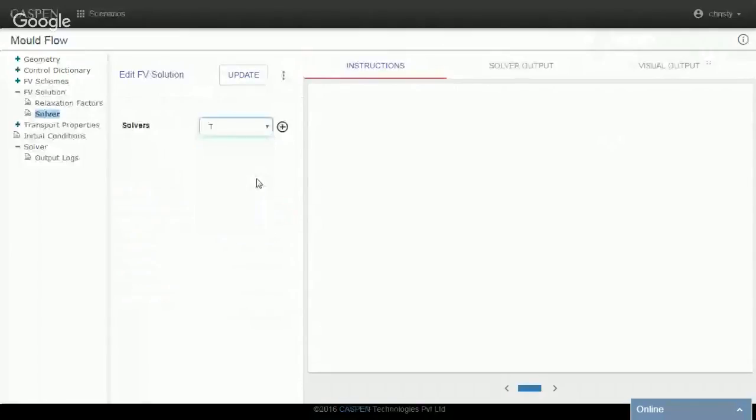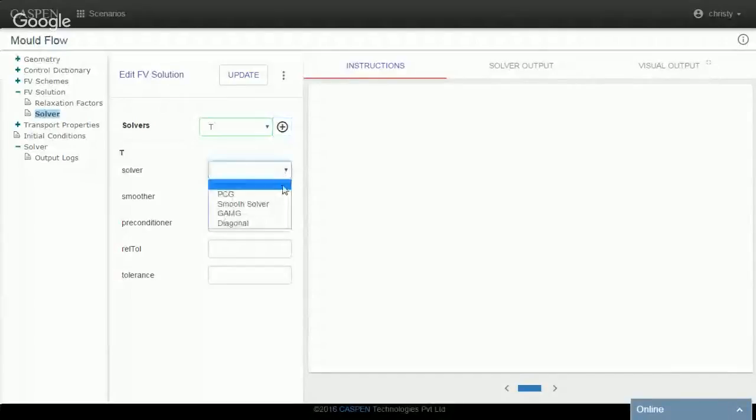And we will be using the PCG, or the preconditioned conjugate gradient, and we will be using a preconditioner, which is DIC. We will set the relative tolerance to 0, and I will give it a tolerance.